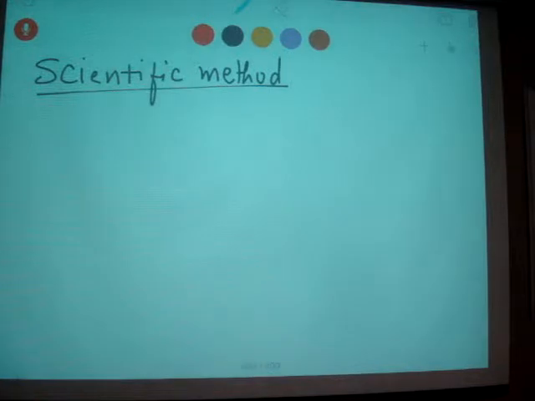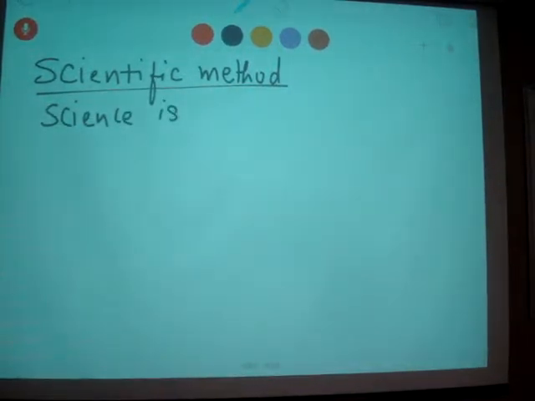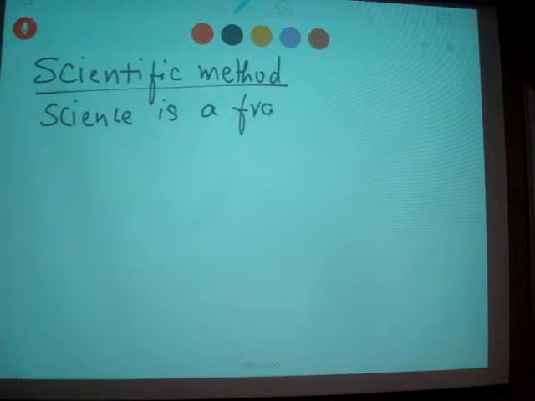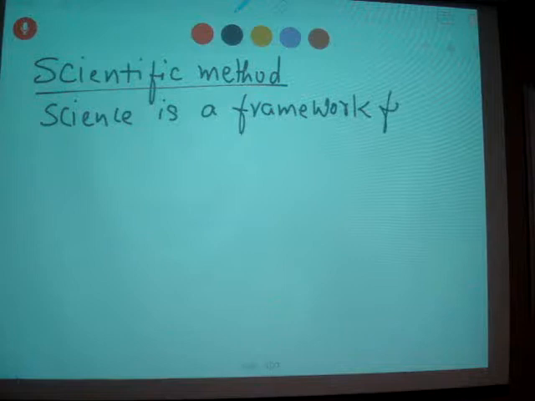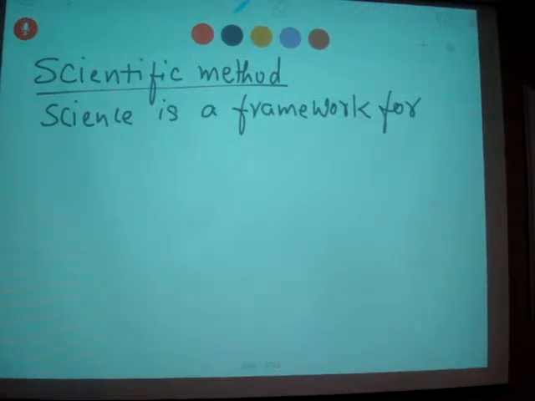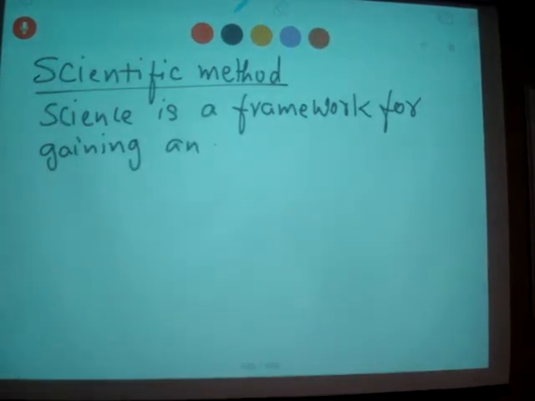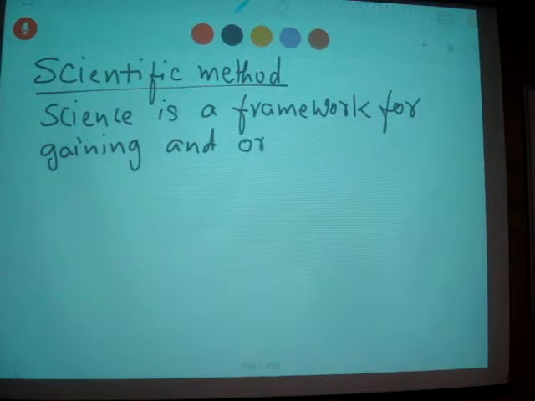So science is basically a framework. Science is a framework for gaining and gathering, and organizing knowledge.